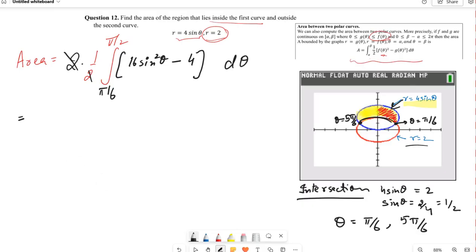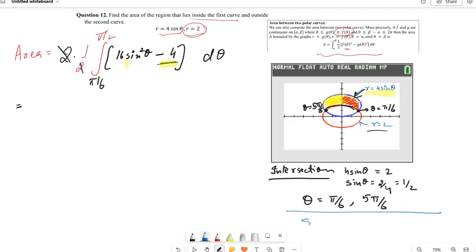Okay, now we can easily integrate 4, but for sine squared theta, we need to convert that using a formula. Sine squared theta is (1 minus cosine double theta) by 2. That's a double angle formula which we're going to use.